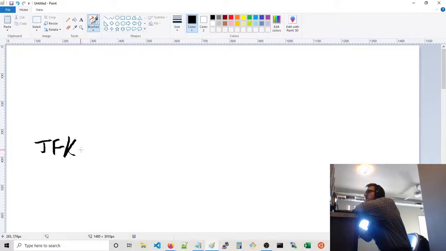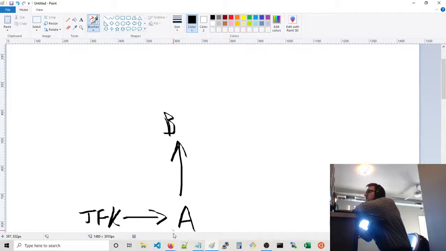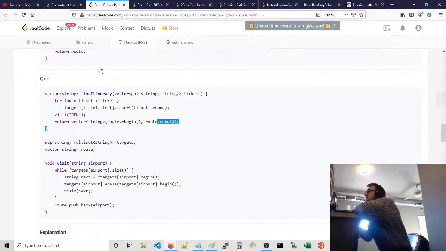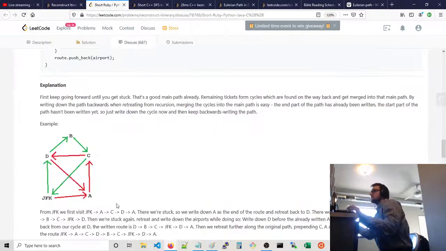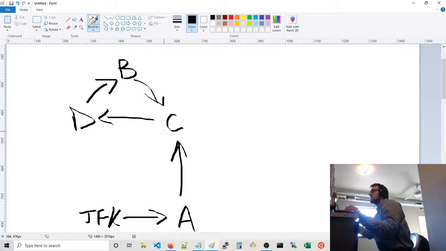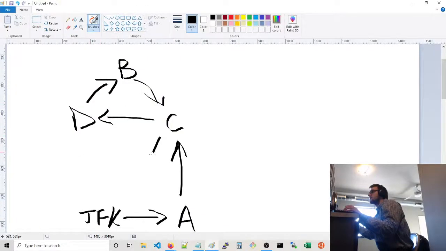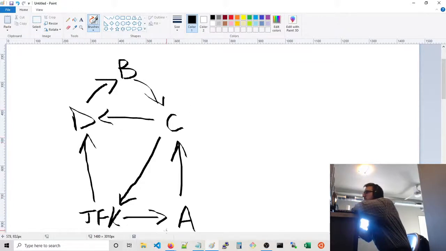JFK to A to B, to B, to C, C to D, B, C, back to JFK from C and up to D. So we got A, C, D, and then D goes to A too.